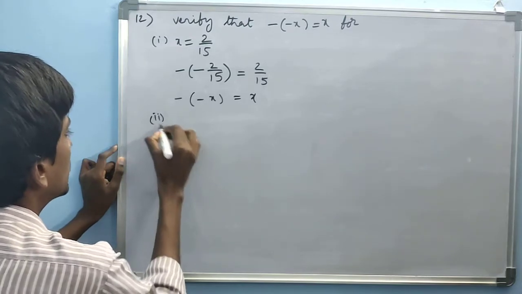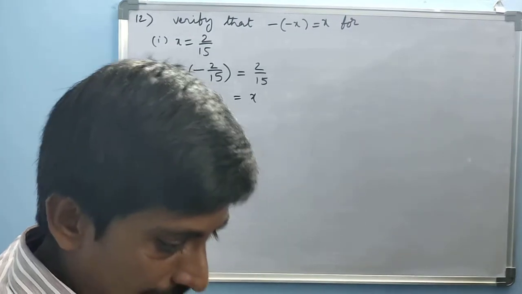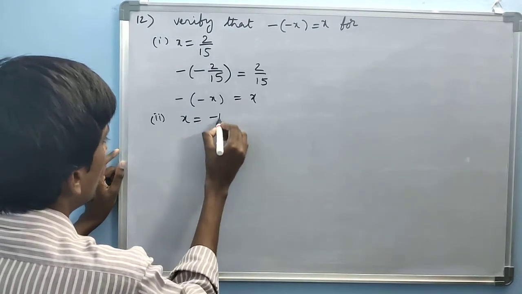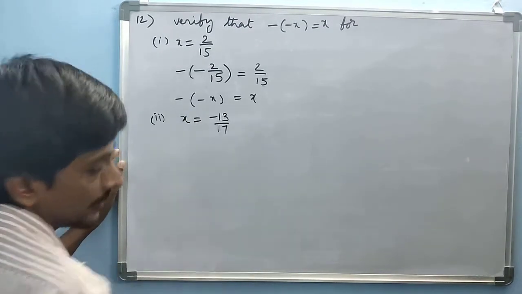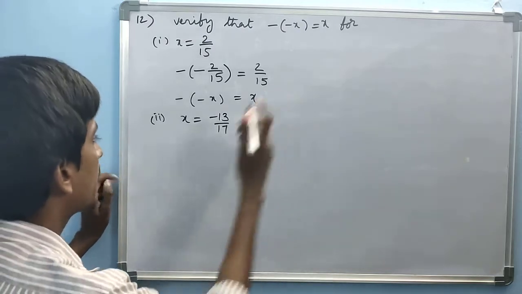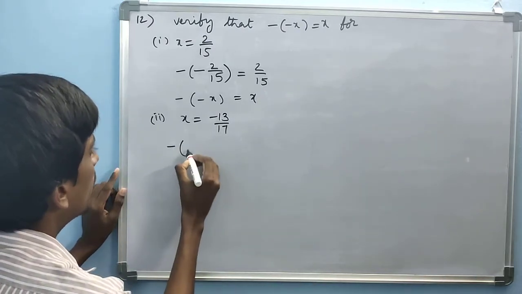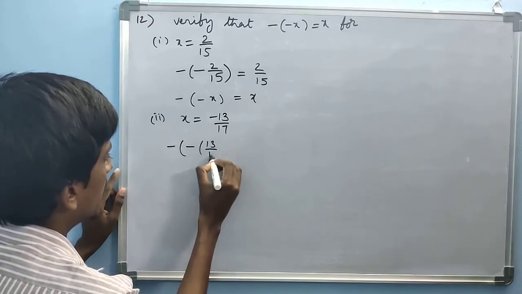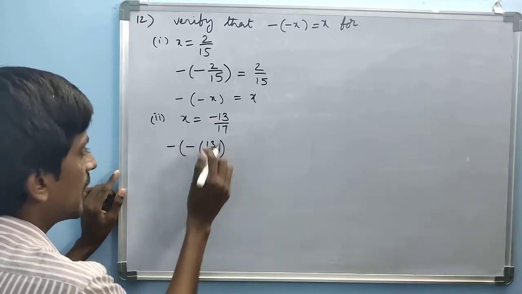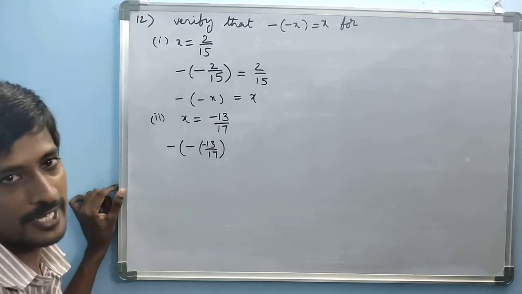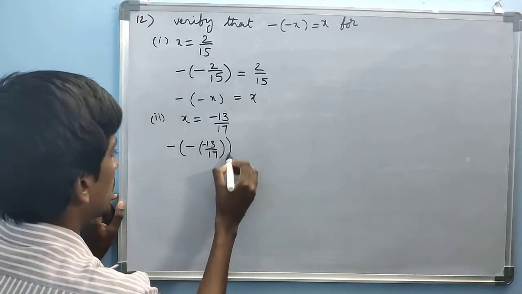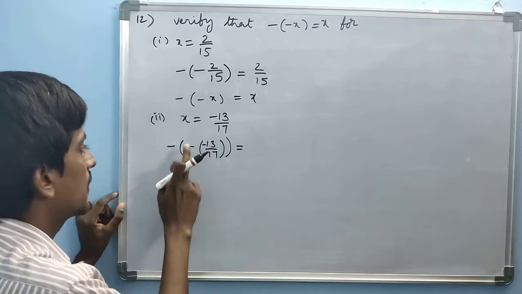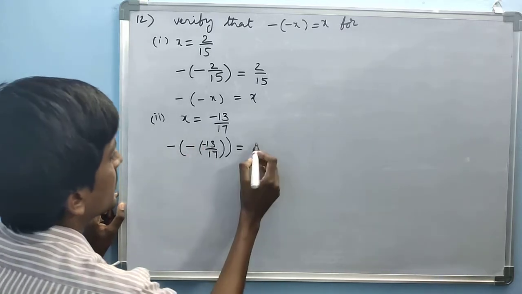And what is the second one? x equals minus 13 by 17. Okay, verify. Minus of minus 13 by 17. Actually, the x value is minus 13 by 17, equals minus into minus is plus, plus into minus is minus.